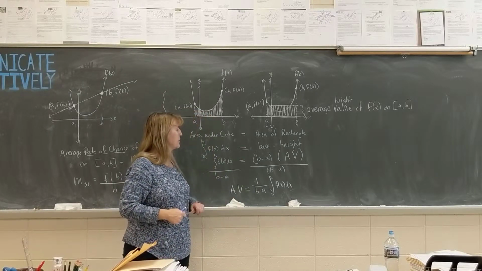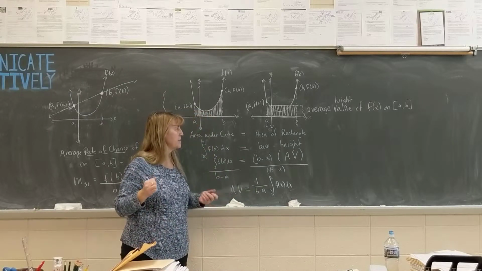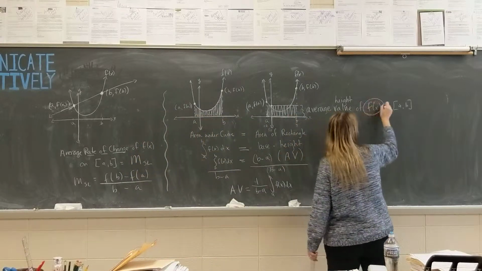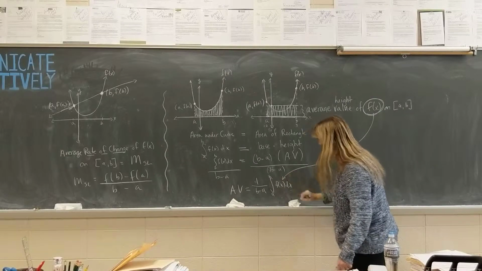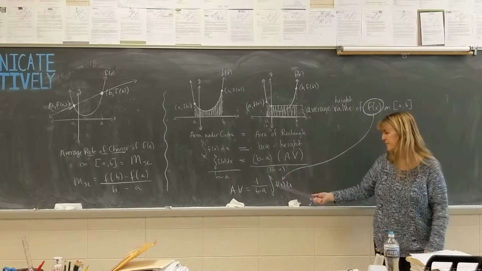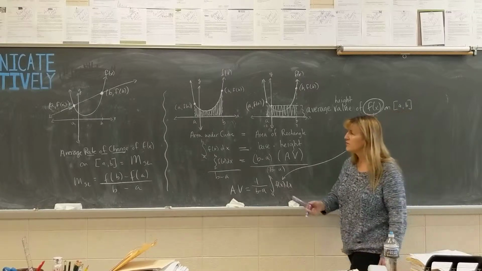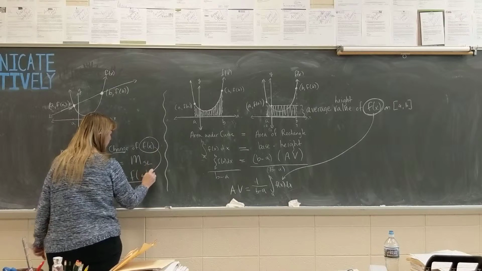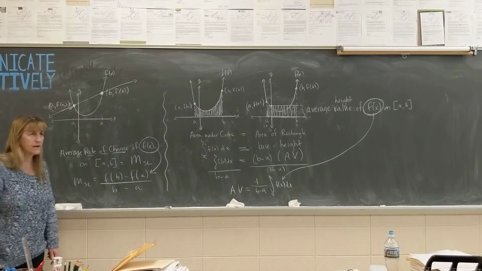Okay. So you need to know both of these formulas, and you need to be careful with this. This average value of f of x has to be the function that goes in that integral, in the integrand. And this right here, this average rate of change of f of x, this f of x has got to be the function you evaluate in your numerator.